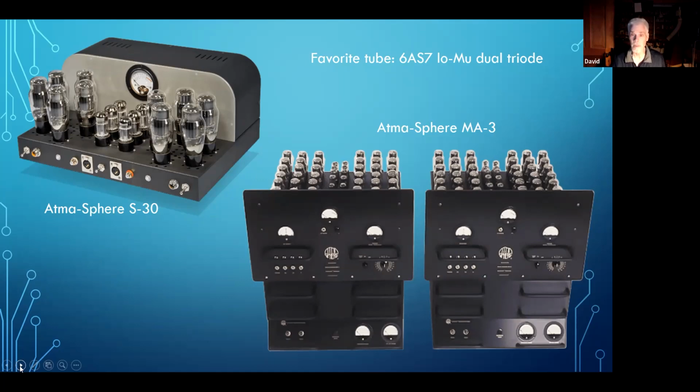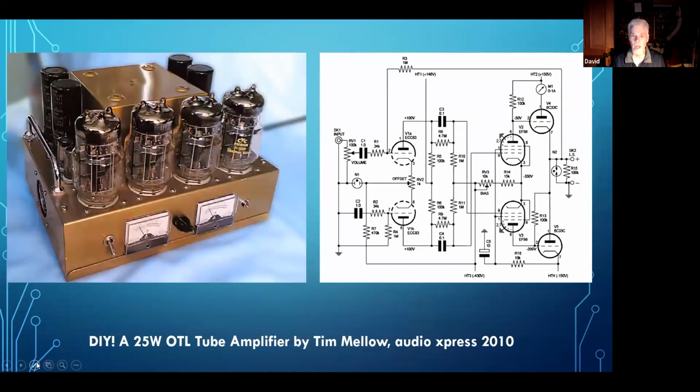When you use beam power tubes, you need more feedback to bring the output impedance down. With the low mu triodes, you don't need so much negative feedback to get reasonable output impedances. It's not going to be real low, but it's going to be more reasonable than what you get with beam power tubes.